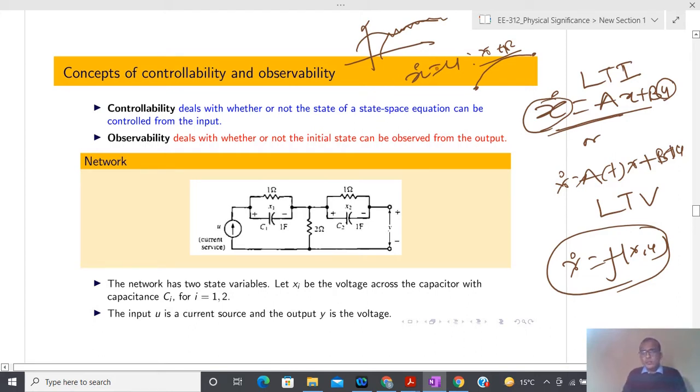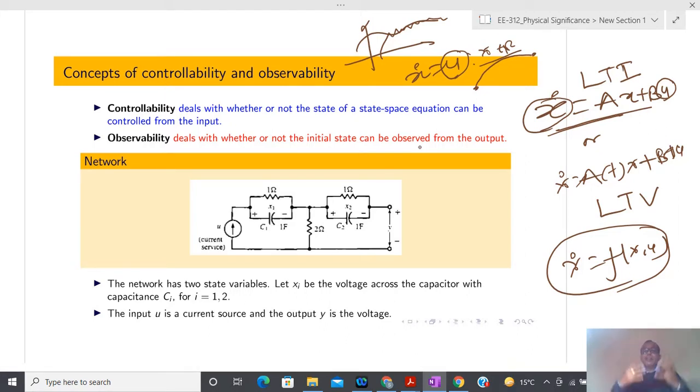Now the question is how to guarantee that there exists a control such that I can maintain this trajectory. One thing is that I can apply different controls and then check. That is not a consistent way to do it, because I have infinitely many possibilities to design a control action such that I can force the system to behave in some specific manner.